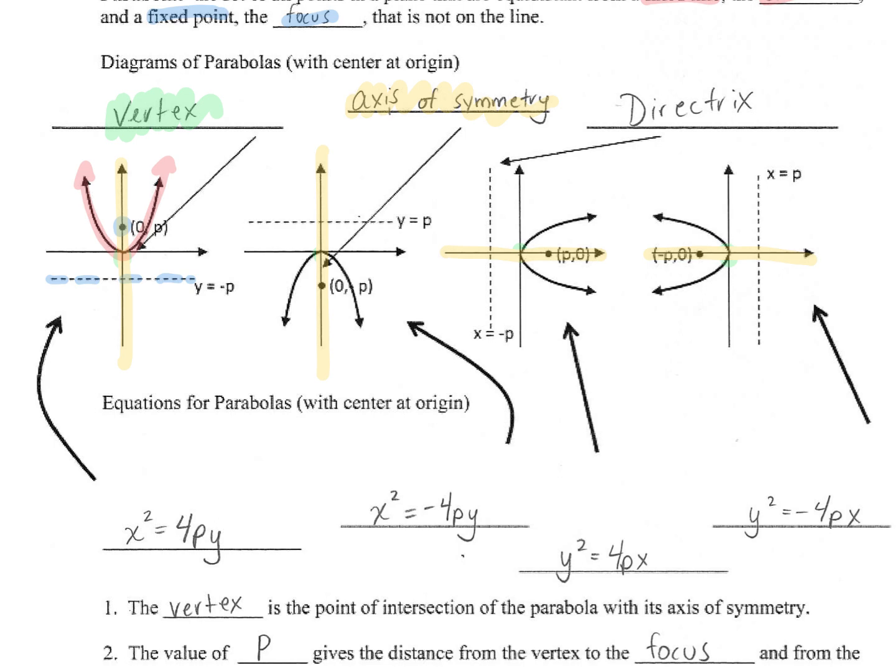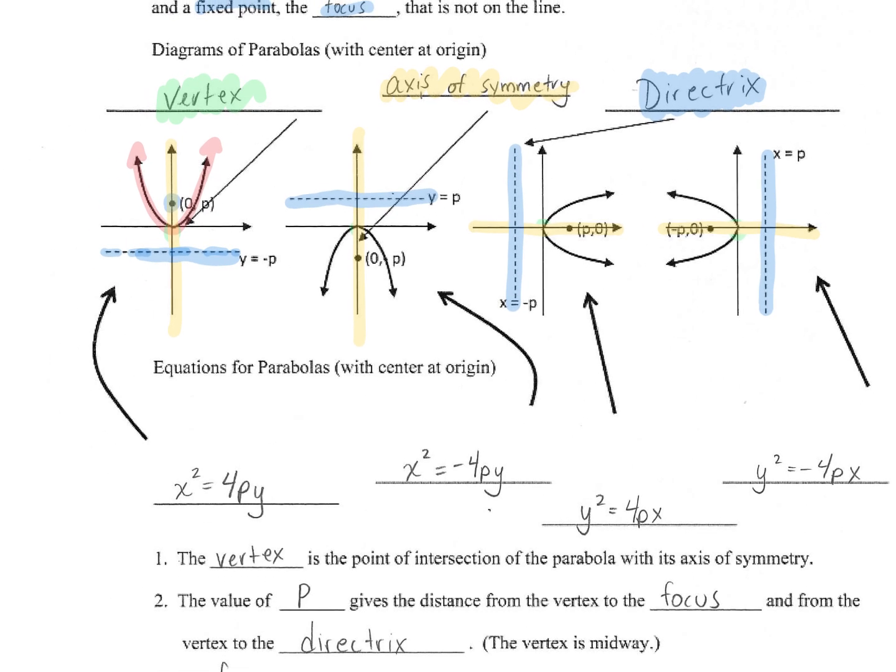The directrix is a different line that is the same distance away from our parabola as the focus of our parabola is. So the directrix is over on the left there. There's another directrix here. Our directrix becomes vertical on our last two.